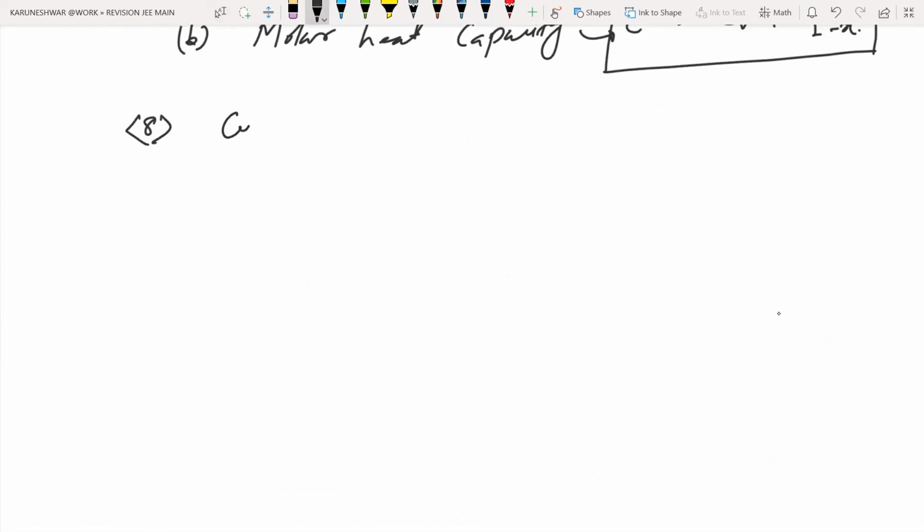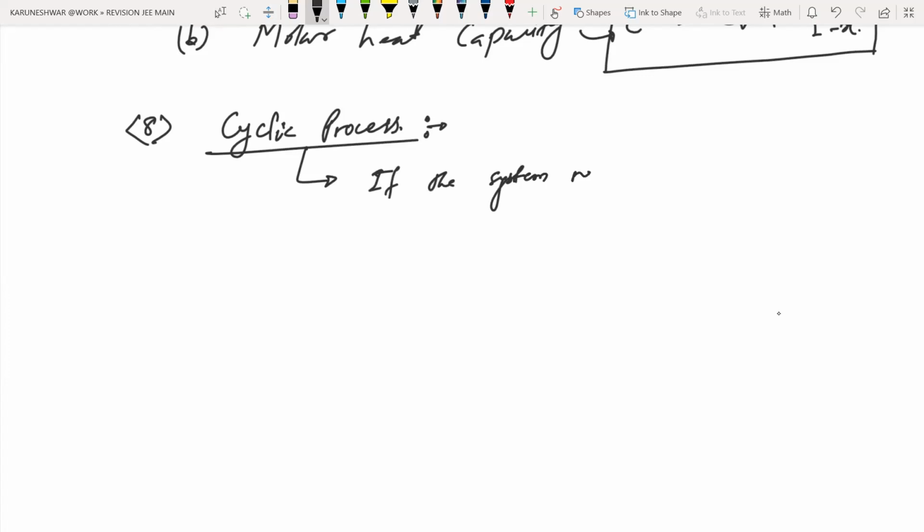This is called the cyclic process. Cyclic process means that the thermodynamic parameters like pressure, volume, and temperature return to the initial state.